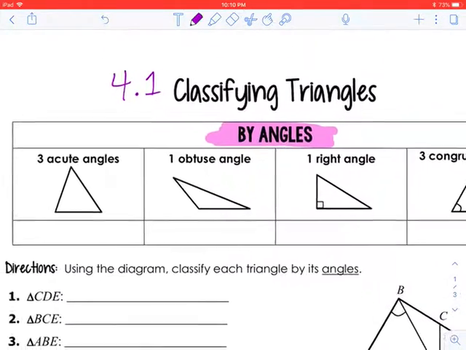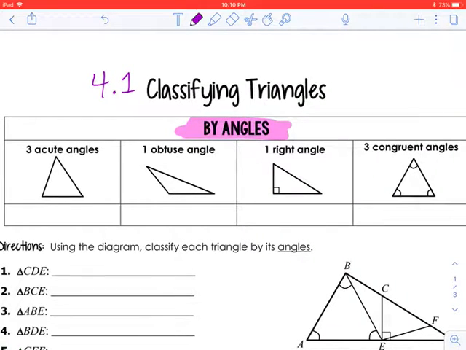So we have basically four different ways to classify triangles using their angles. If there are 3 acute angles in your triangle, so draw your triangle like that, that is based on the angles, that is an acute triangle. And then if there's only one obtuse angle, all you have to have is one, we call that an obtuse triangle.